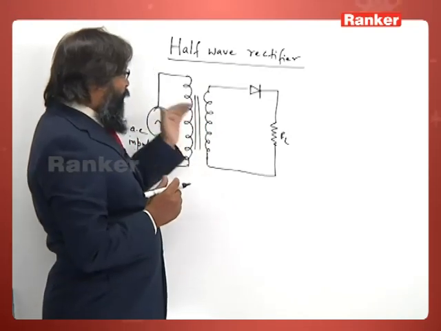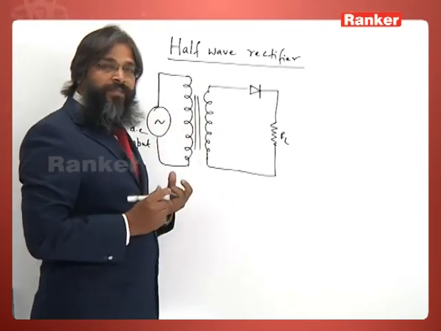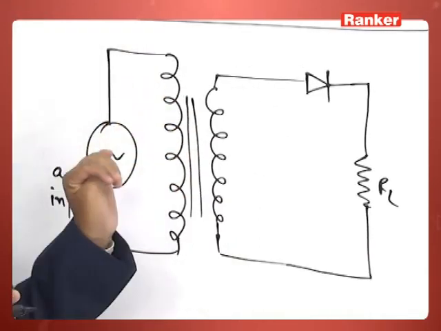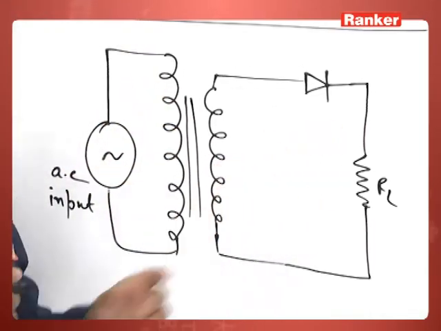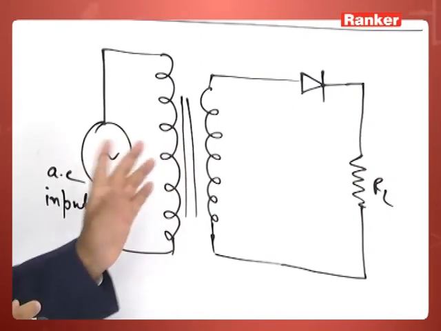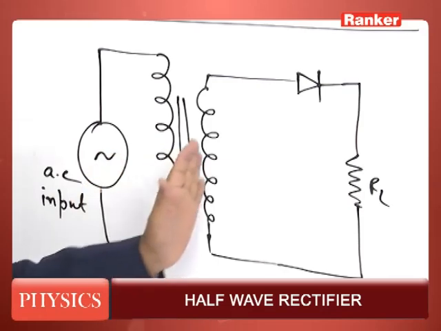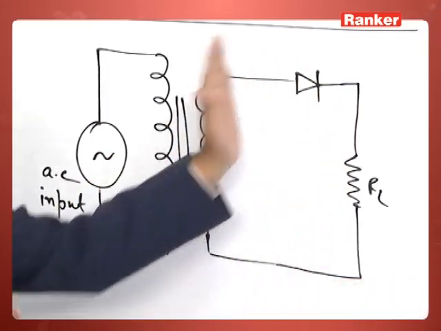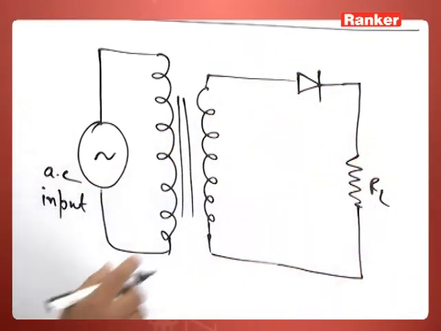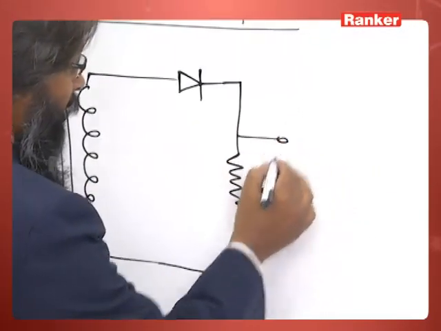This is generally a step down transformer, depending on how much voltage we require. It serves two important points. Number one, in this circuit we are going to take the output across here.